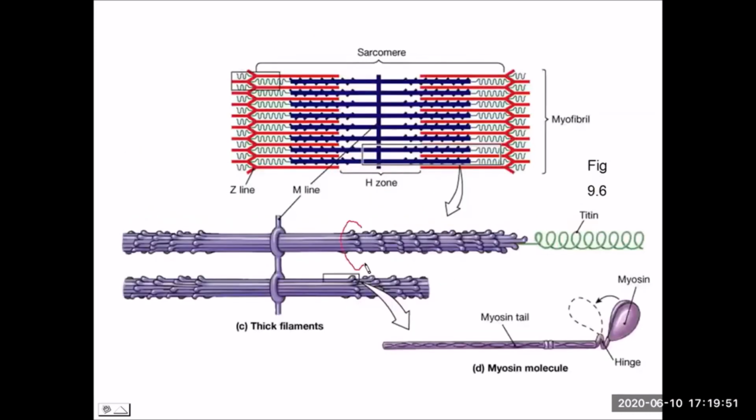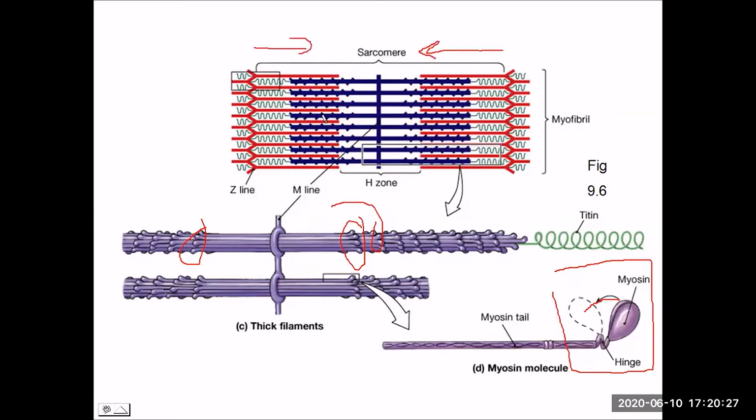So with all of these multiple myosin heads, now with the potential to attach on to actin, the next step is, we notice here on this figure, the myosin head has this ability to move at the hinge. So once connected, the myosin, you can imagine on this side of the sarcomere, attaches on to the actin and can pull that actin towards the center of the sarcomere. And this happens on both sides.